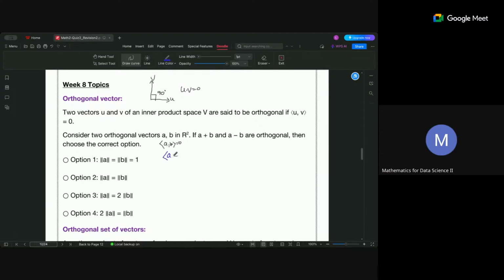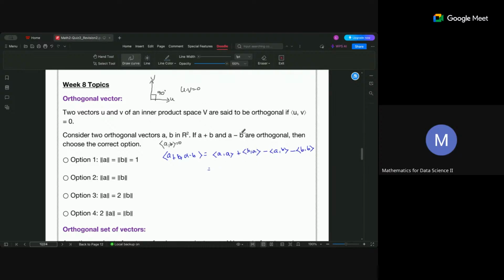So a plus b and a minus b are orthogonal means what will you get? Let's first split this. If you split, what will you get? The inner product of a comma a plus b comma a, and then a comma minus b, so minus a comma b, and minus b comma b. Now these two terms are the same, right?